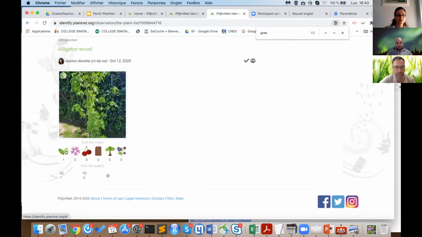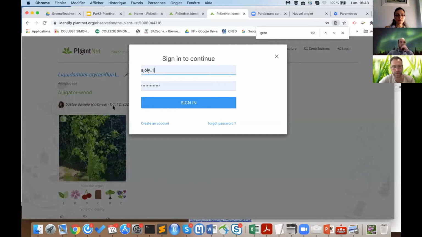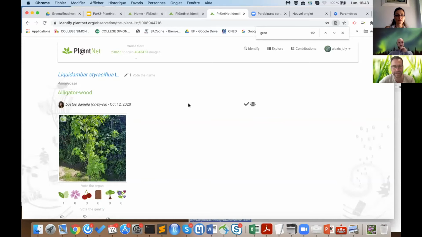You can change the label: is it the fruit, the flower, the leaf, the bark, or the entire view of the plant? And if you know the right name of the species, and if you think it's an error, you can also propose another species name, but for that, you need to be signed in.